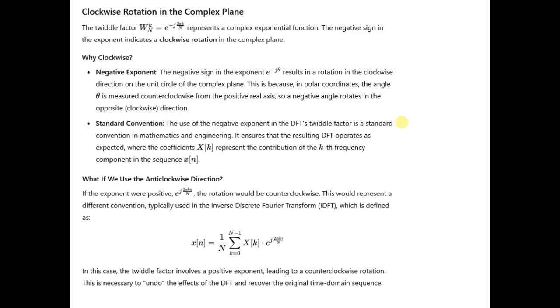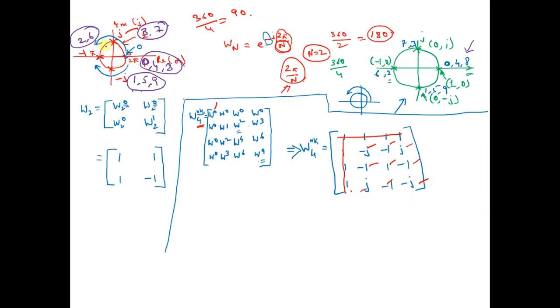Now, clockwise rotation in the complex plane. Why clockwise? I've already told you, because of this negative exponent. What if we try to use the anti-clockwise direction? If you look into the values, these are conjugates of each other.